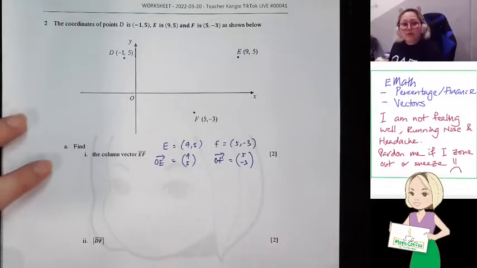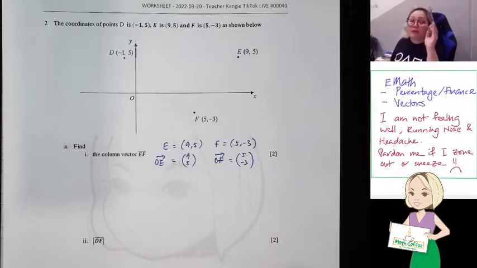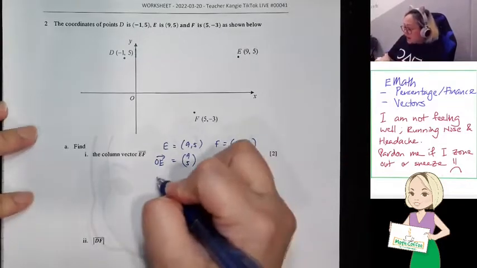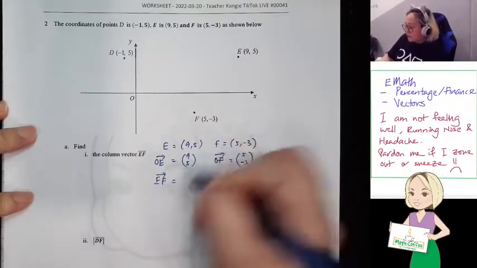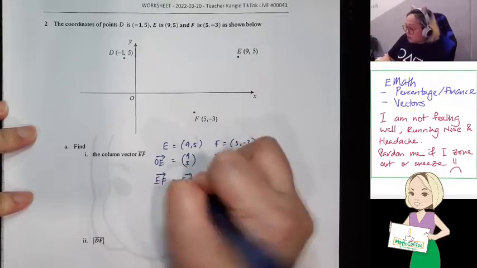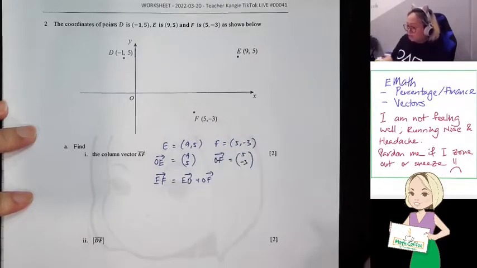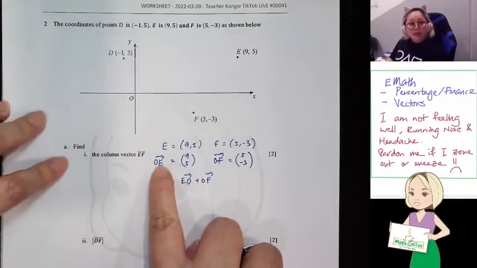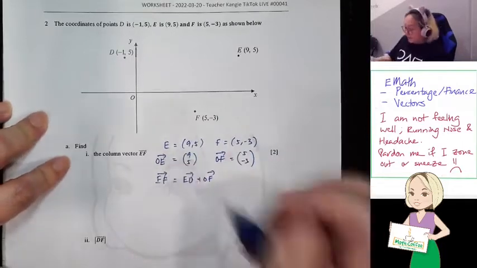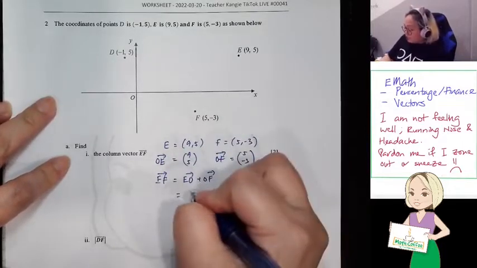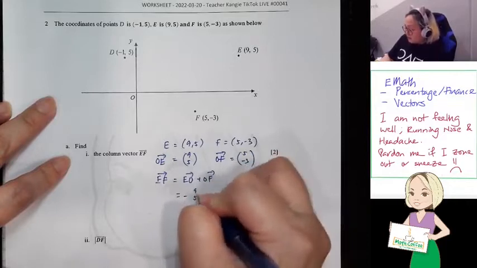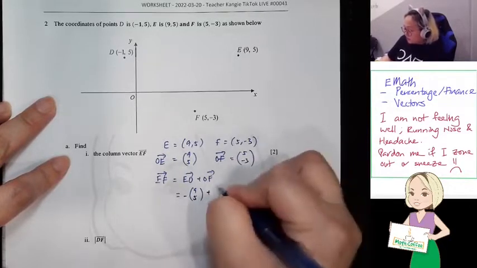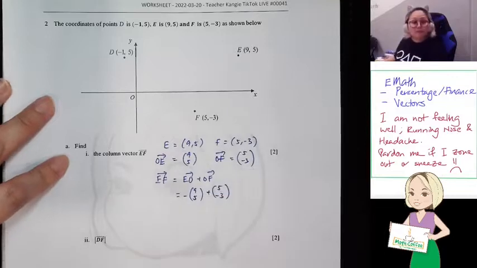And remember, just now I already taught you, just now we did AB is equal to AO plus OB, agree? So we do the same thing. They want EF. It means that I'm going to take EO plus OF. So I have my OE, I just need to multiply by negative 1. So we're going to put negative 9 and 5 plus OF, which is 5 and negative 3.